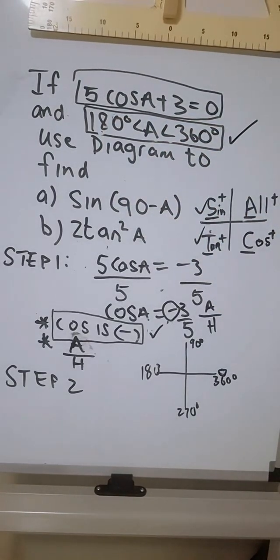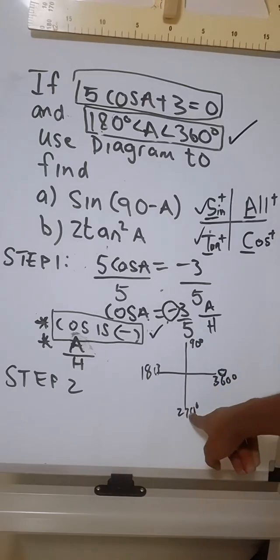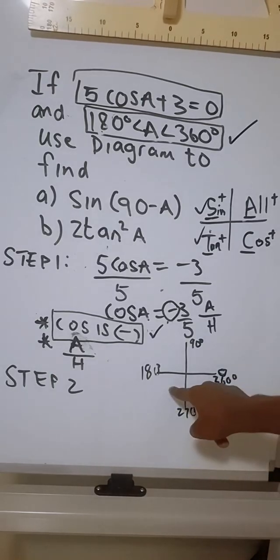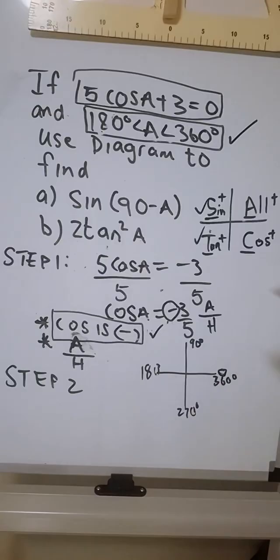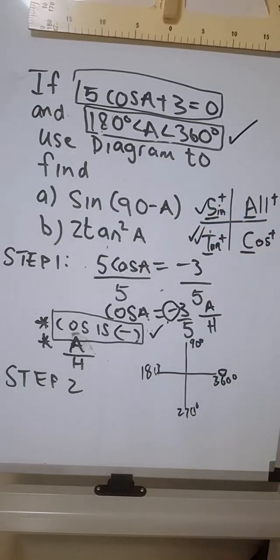So if that is the case, which quadrants does that cover between 180 and 360? Remember, this is 180, that's all the way to 270, then to 360. So which quadrants are those? It's the third and the fourth quadrant. So we are ticking this quadrant the second time, so there's an overlap there. And then the fourth quadrant, of course.